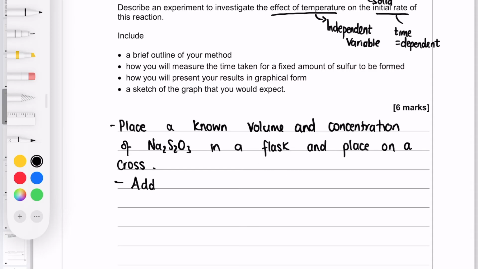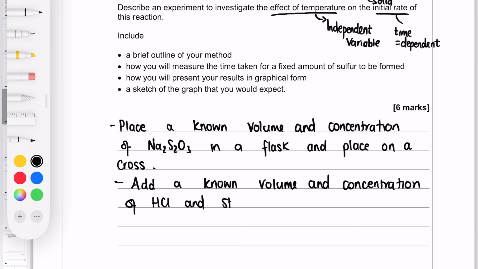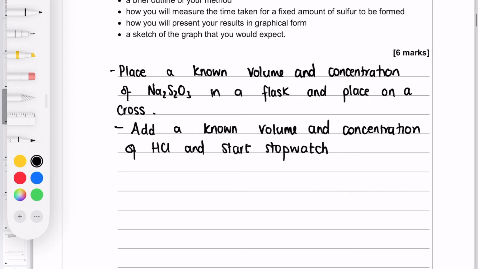Add a known volume and concentration of hydrochloric acid and start the stopwatch or a timer. Stop the timer when the cross is no longer visible.